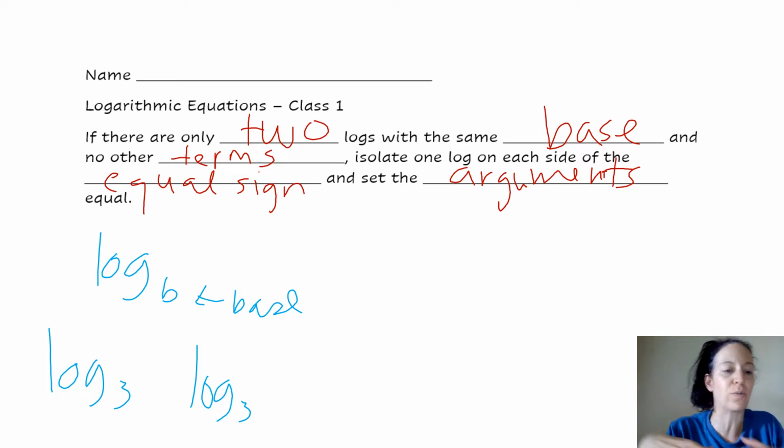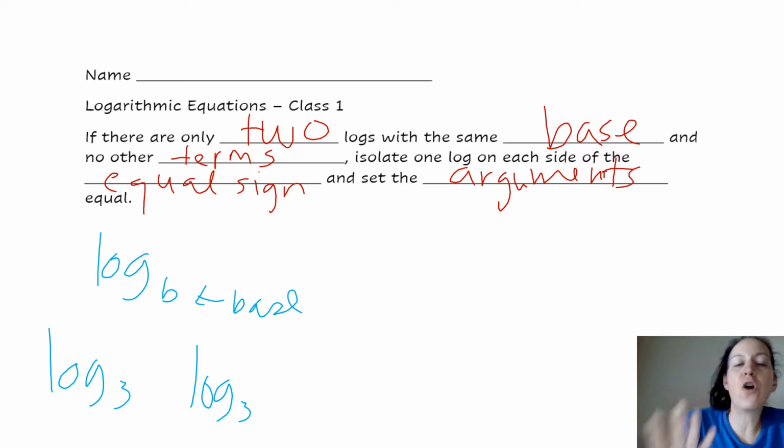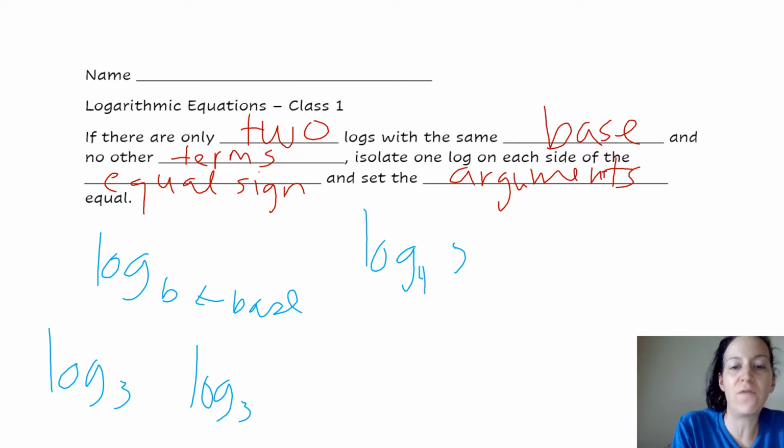You can't have a situation where you have log base 3 and then a log base 2. It won't work. And no other terms. Terms are things that are added and subtracted. So if you have log base 4 of 5 and then you subtract 3, now you have another term. So we're dealing with situations where we have two logarithms that have the same base and no other terms.